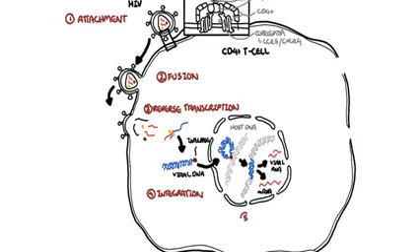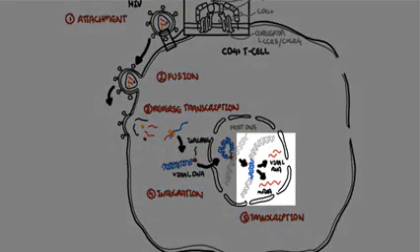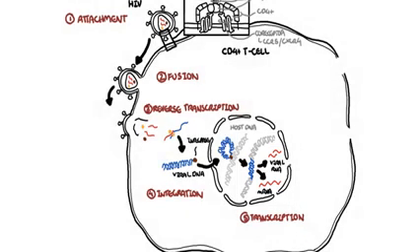Transcription is where the host's own RNA polymerase reads the viral DNA, and with that information, it creates viral RNA, which is the genetic material, as well as mRNA, which will be used to create important proteins for the virus. Translation is where the mRNA that was just made is read by the host's ribosomes to create proteins that will essentially create the enzymes and other proteins required to make a new HIV virus.